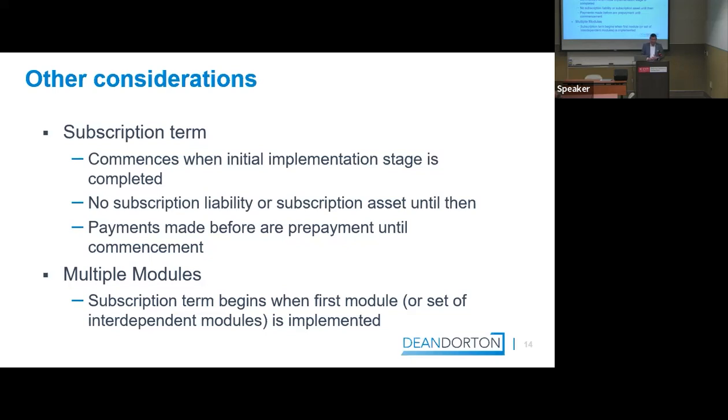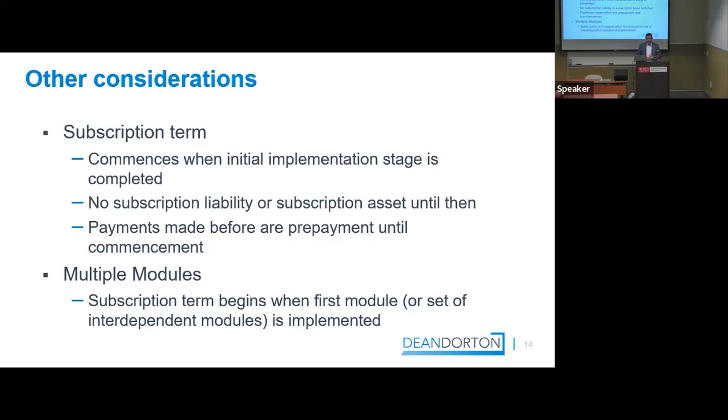I want to make sure that's clear. And I mentioned this earlier, payments made before then are prepayments until commencement, and they get added to the asset. So let's say you're adopting multiple modules. A lot of the higher ed ERP systems have multiple modules: the student module, the financial module, the HR module. In general, your subscription term begins once the first module or a set of interdependent modules are implemented and being operated.